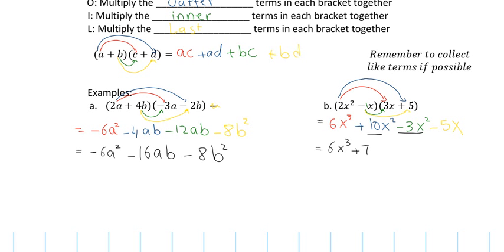And then minus 5x. Just leave it like this. Okay? No, we can't because you don't have like terms anymore. Okay?